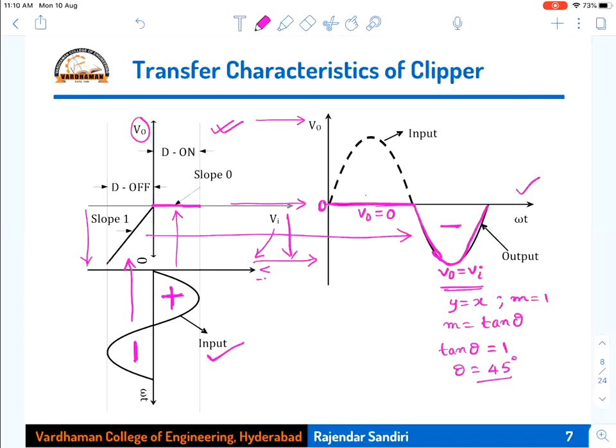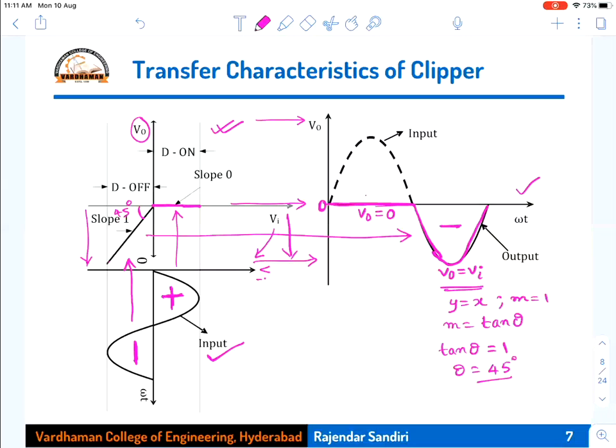So Y is equal to X means it is a straight line passing through the origin, and that straight line makes an angle of 45 degrees with either the x-axis or the y-axis. Okay, so the angle of this one is 45 degrees. So here the input is a negative cycle, and the output is a negative cycle. If the input and output are both negative, definitely you will get the graph in the third quadrant.